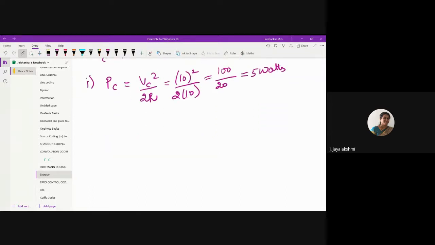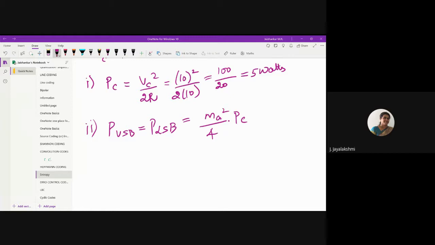What is the second? The second thing is you are asked to find the sideband powers. That is the power of the upper sideband, which is of course equal to the power of the lower sideband, which is equal to ma square divided by 4 into the carrier power.